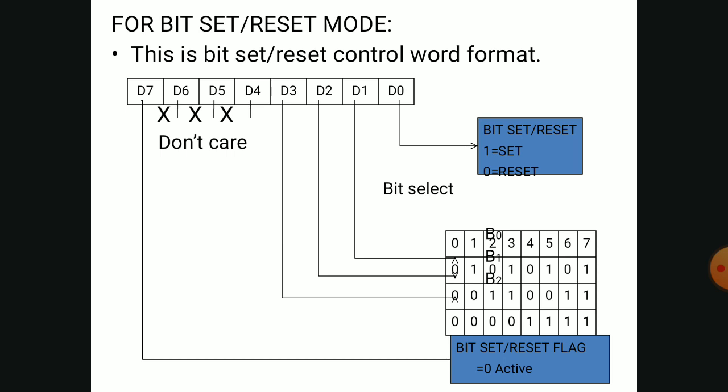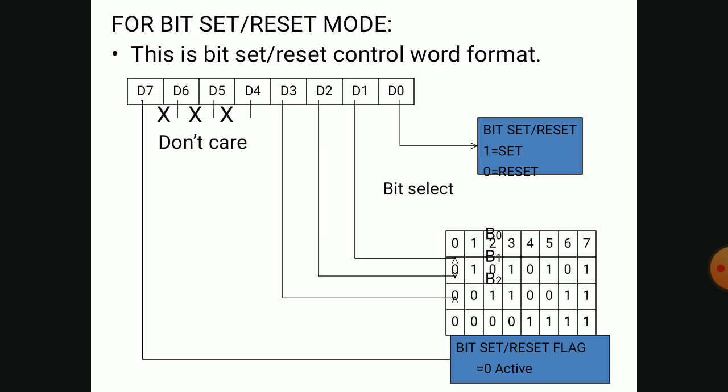Suppose we selected the bit PC4, the D0 bit will indicate how to make that PC4 bit. If D0 bit is 0, it means that PC4 bit is 0. If D0 bit is 1, we are changing that PC4 bit to 1. Likewise, this is the control word format given for the bit set or reset mode of operation.